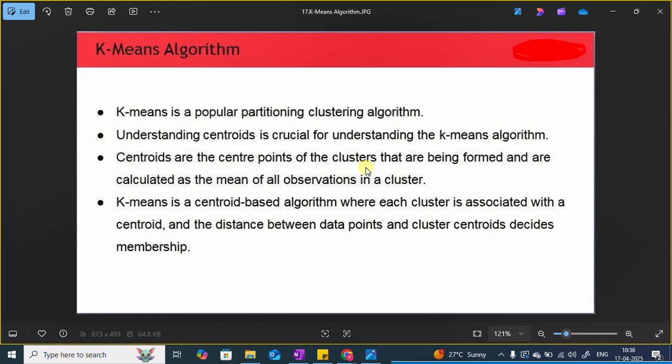It's written clearly, which I have already written on my whiteboard. They are being formed and are calculated as the mean of all observations in that particular cluster. K-means is a centroid-based algorithm where each cluster is associated with a centroid, and the distance between a data point and the cluster centroid decides membership.